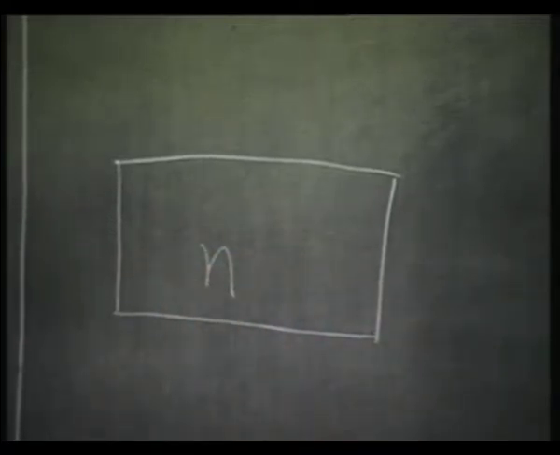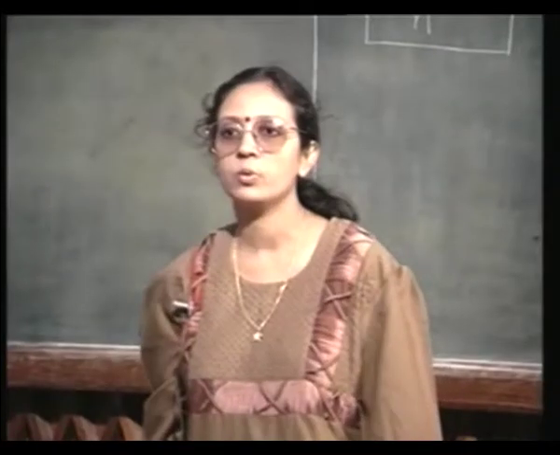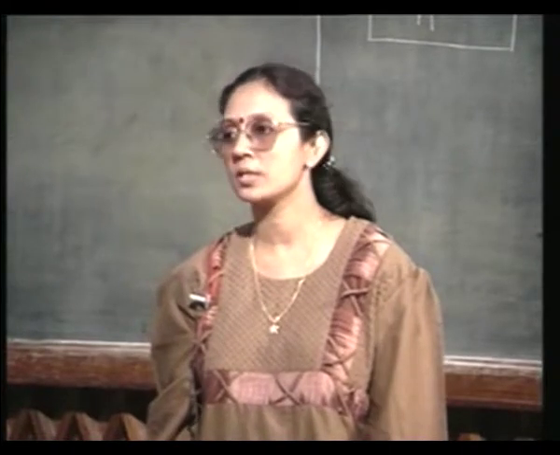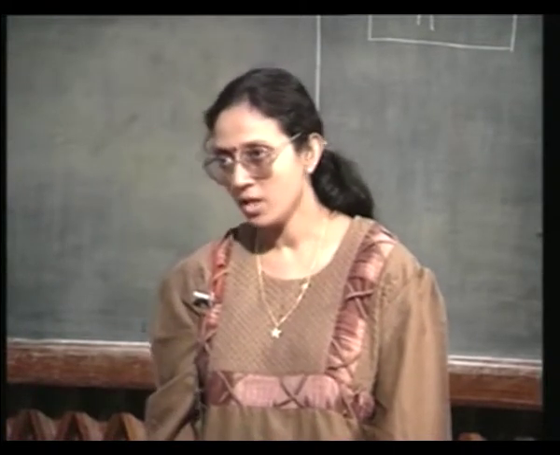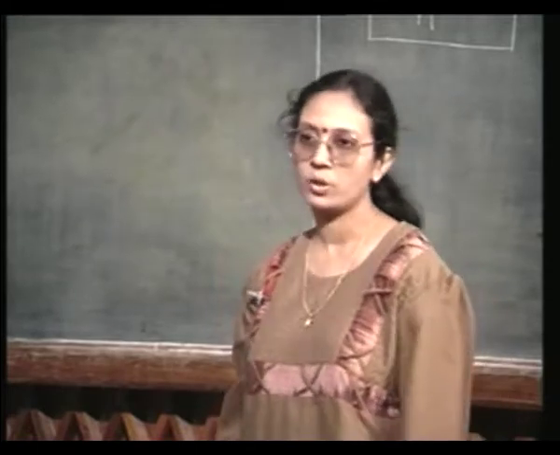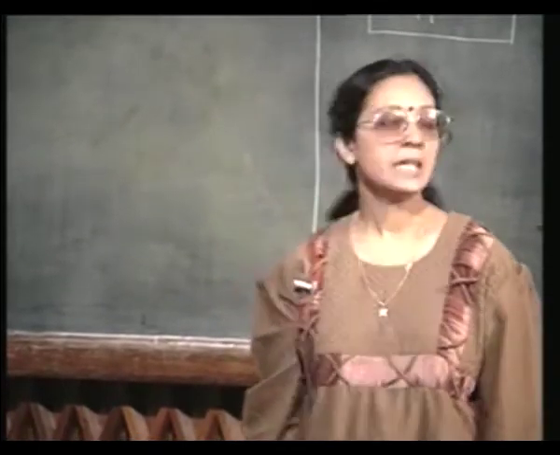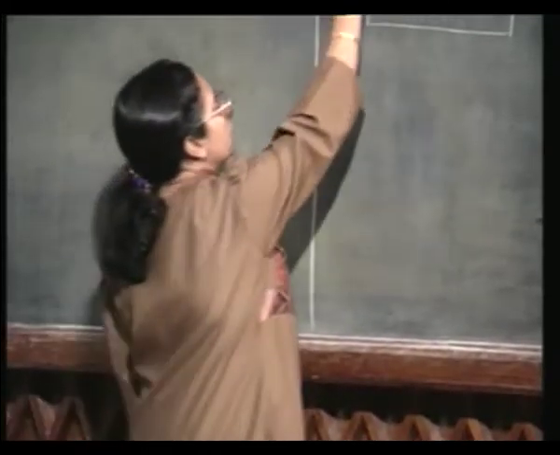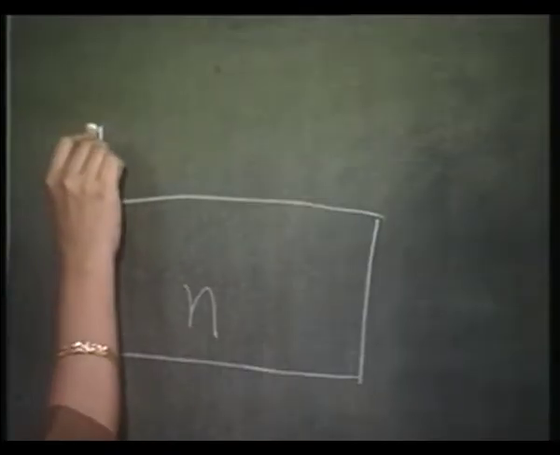In those days people still used 111 because 111 was the cheapest substrate material, and it is easiest to grow silicon in the 111 direction. So, people still used 111 substrate, and you take the N type substrate, you grow a thick field oxide.